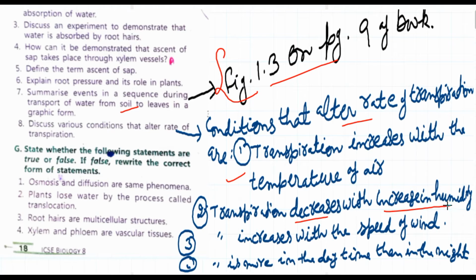When humidity in the air increases, transpiration will definitely decrease. Transpiration produces a cooling effect. Transpiration increases with the speed of wind. When wind blows, it would increase the transpiration.